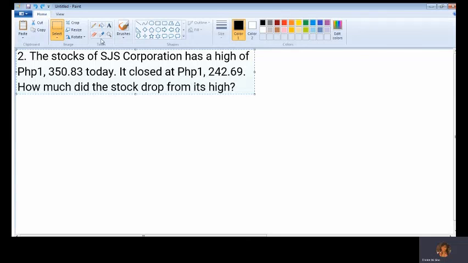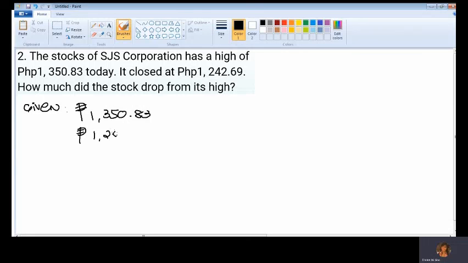Okay, so what will be your given? Your given value is 1,350 and 83 cents. That is today. And then it closes at the value of 1,242.69. So your operation will be subtraction. Why? Because of the word drop from its high.